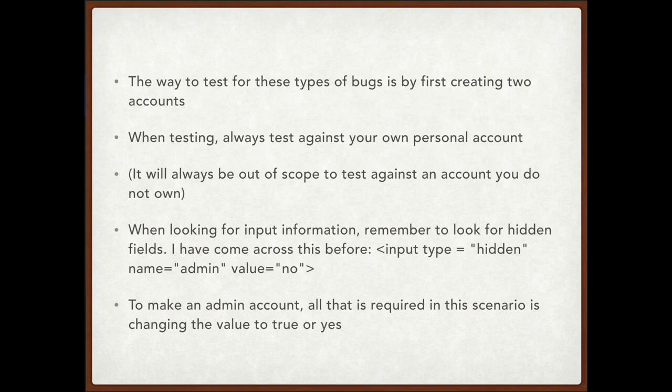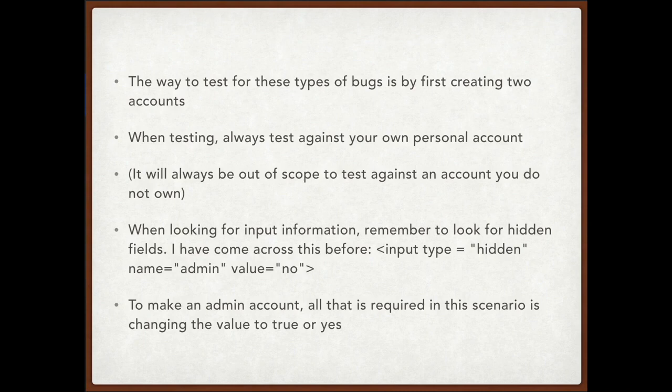You don't want to ever mess with the functionality of the application or the people who use it. You will only use your own accounts to test against, and it also makes it easier to use your own account because you already have a second ID number that you can use on your attacker account. So you'll have an attacker account and a victim account that you will use, and so you don't want to test on someone else's account.